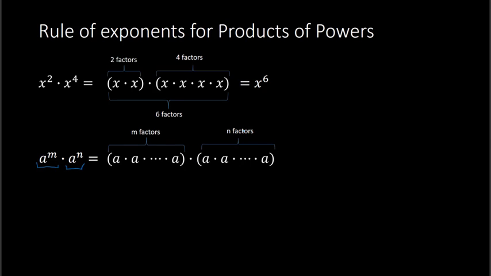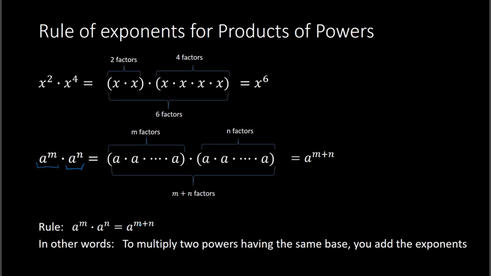So together we have m plus n factors, and we can express this as a to the m plus n power. So the rule says a to the m power times a to the n power equals a to the m plus n power. In other words, when you multiply and they have the same base, you simply add the exponents.